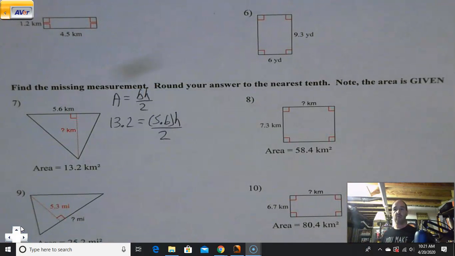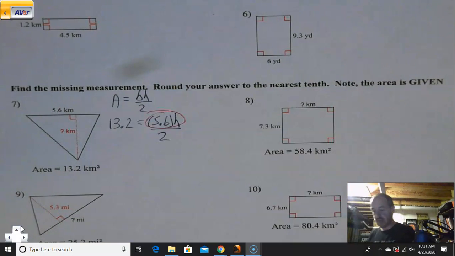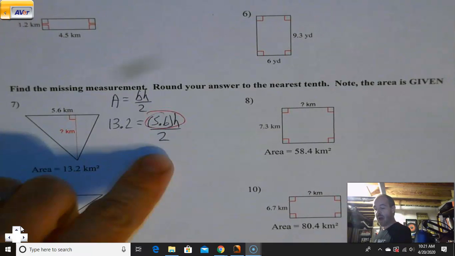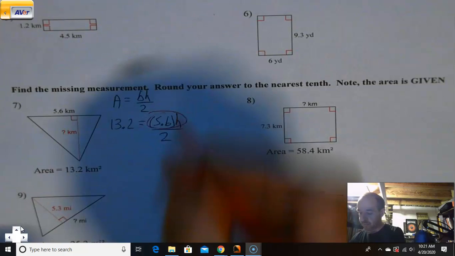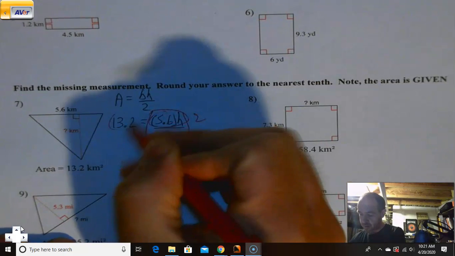There's a couple of ways I could tackle this. If we go classic algebra and do what we would normally do in this circumstance, we'd say, I want to get h by itself. So how do I get rid of the fraction? I do the opposite. Fractions are divide, so the opposite would be to multiply by 2. Get that out of there.